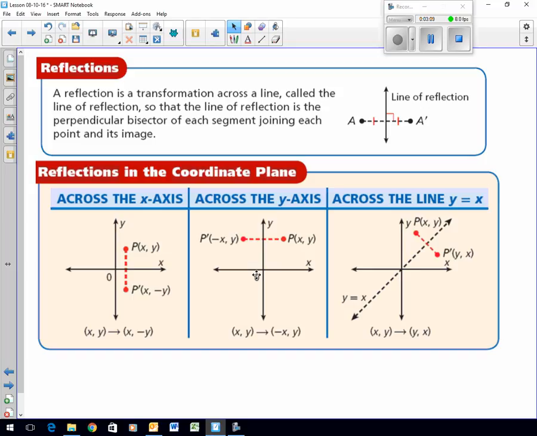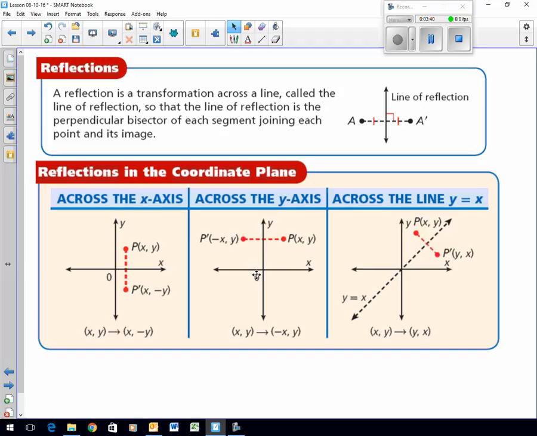And if I have a reflection where y equals x, look what happens down here. Your original x, y pre-image coordinates get reflected so that your new, or prime, coordinate points are just the opposite of what they were, written in y, x form. Makes no sense, right? Let me give you an example.